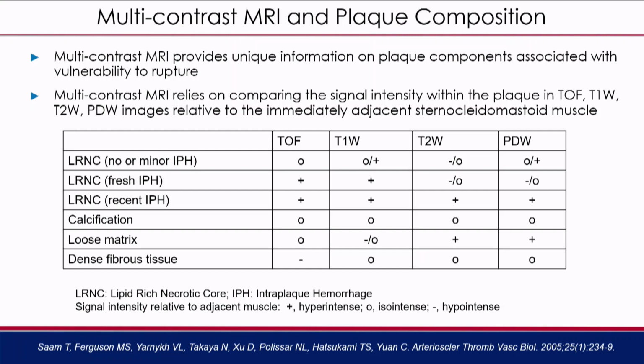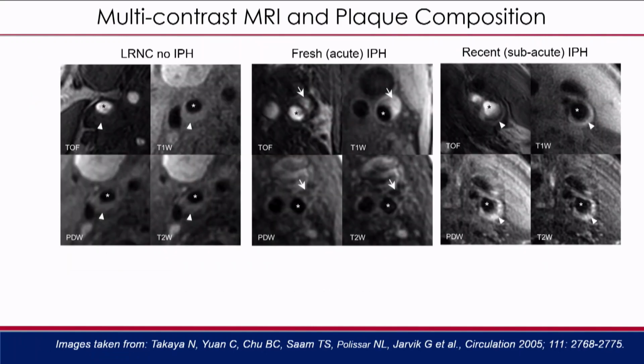So you can see that different sequences here provide different contrast for these different components of the plaque. And this is another set of images taken from the literature to illustrate three different types of plaques with different types of contrast.